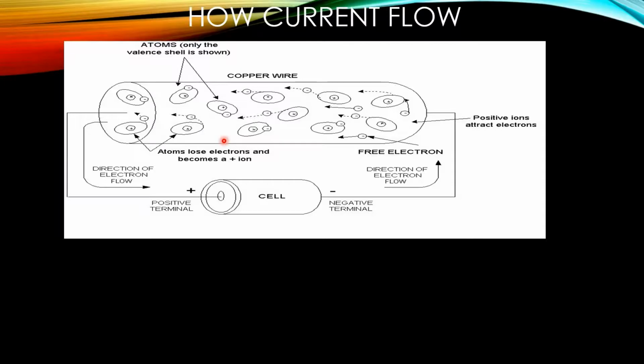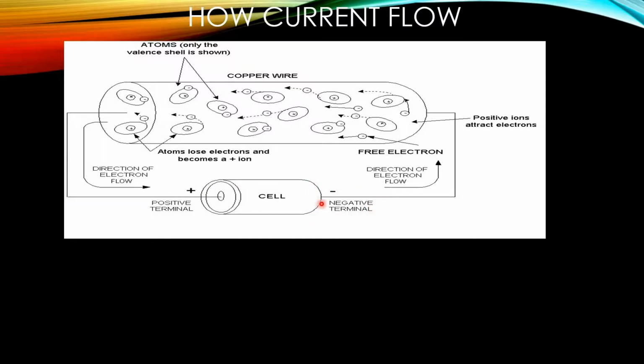Current will flow if net flow of charge in a conductor is in a particular direction. And this we can do by connecting a cell. When we connect a cell in the circuit, one end of the conductor becomes the positive terminal, and the other end becomes the negative terminal.